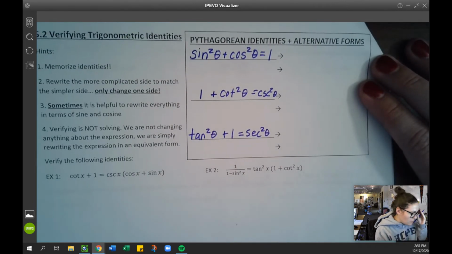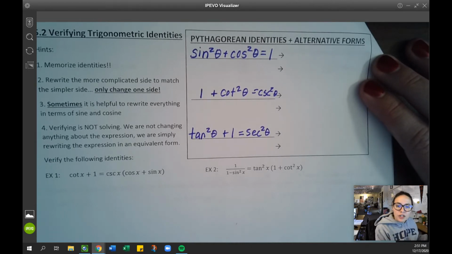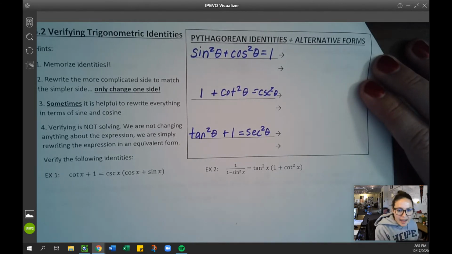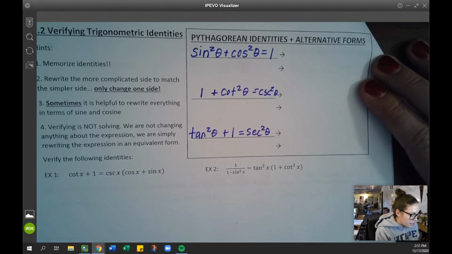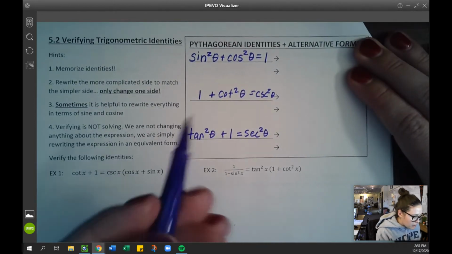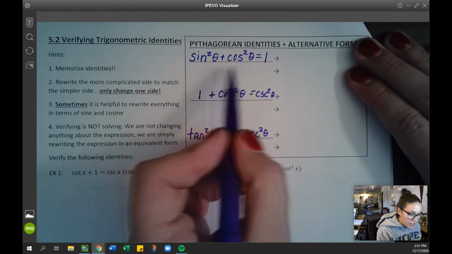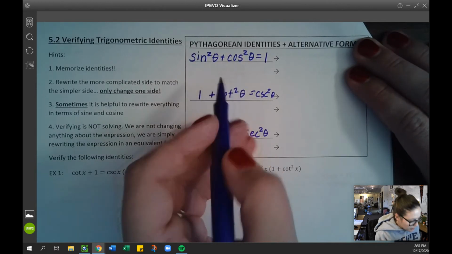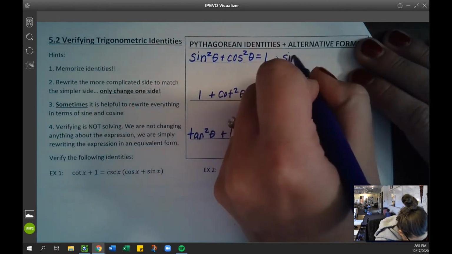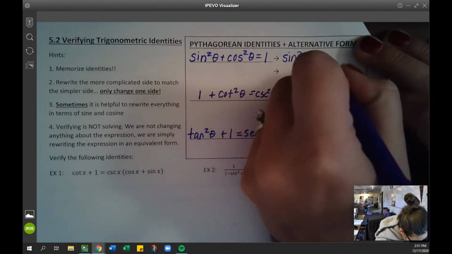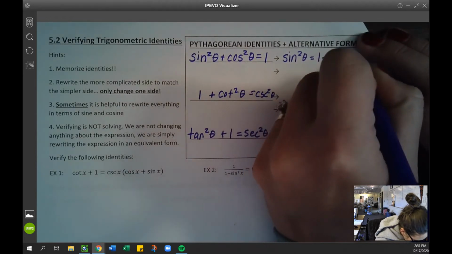There are 2 alternative forms for every identity. For example, I can rearrange these terms and say sine squared theta is 1 minus cosine squared theta.